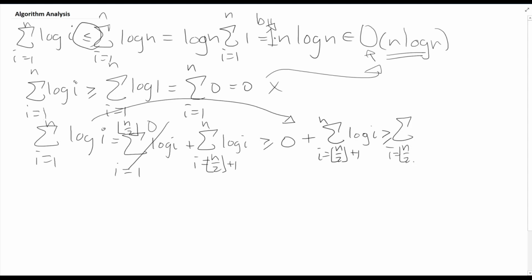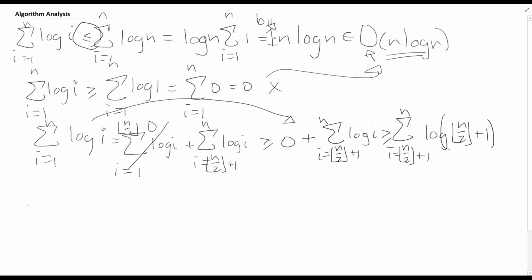Floor of n over 2 plus 1, n of log of the floor of n over 2 plus 1. And I guess I should put that all in my log here. So again, noticing now that this term no longer depends on our i, so we can bring it out front. So I'm going to continue here.